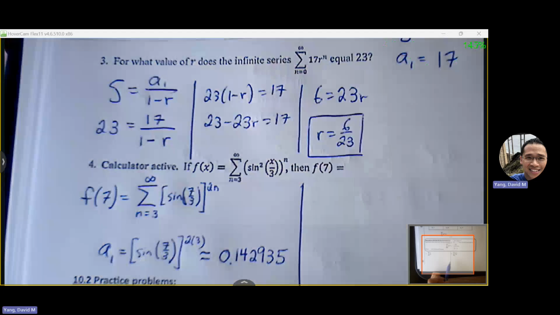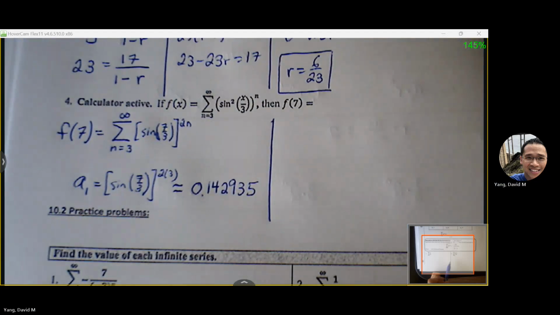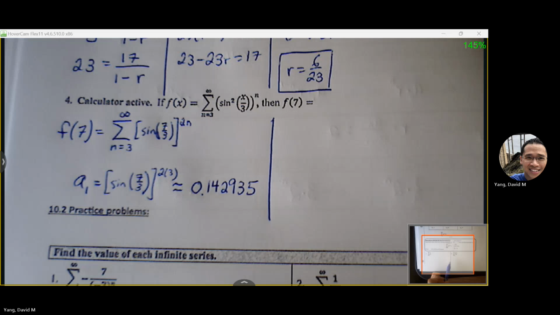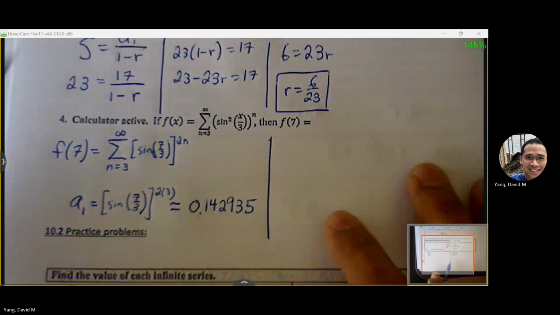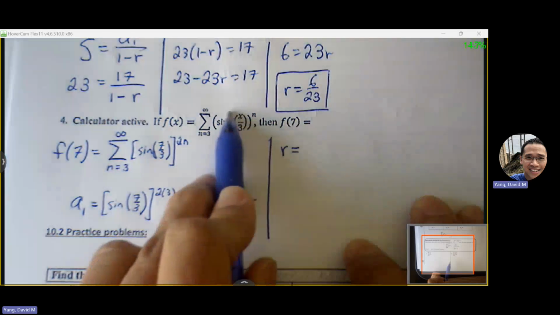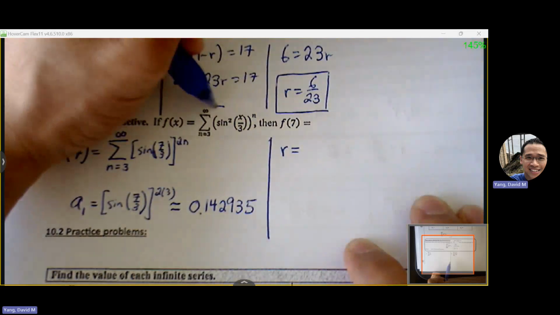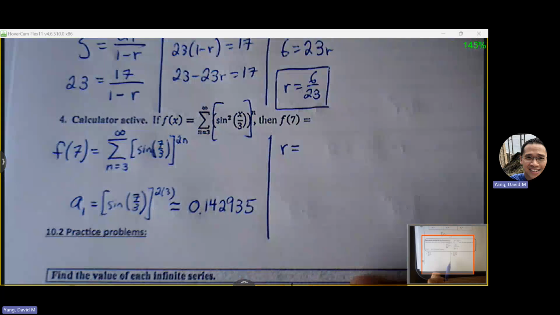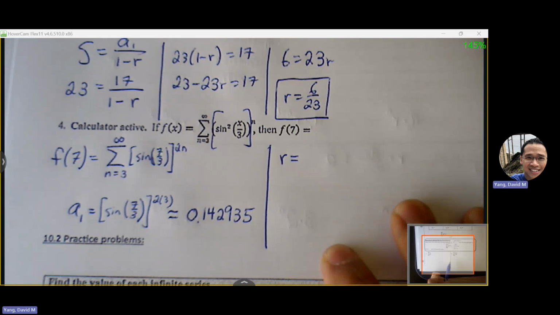That's just calculator work there. And my ratio is just this expression, right? My ratio is this expression that is inside that n.